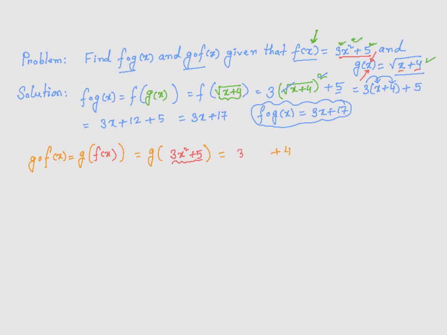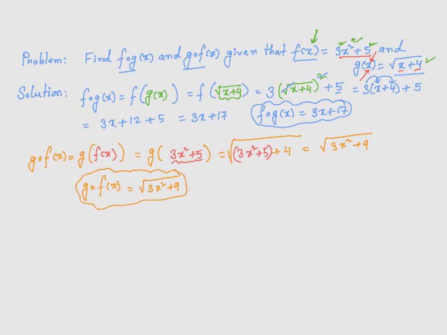Input is 3x squared plus 5. Add 4 to it and take a square root of it. Now you can just simplify it. It's going to be square root of 3x squared plus 9. So g composed with f of x is square root of 3x squared plus 9. That's your second answer.